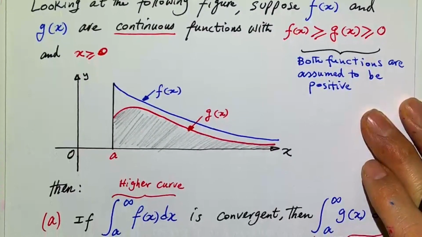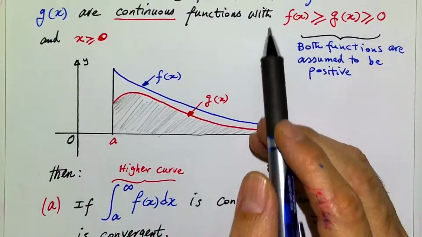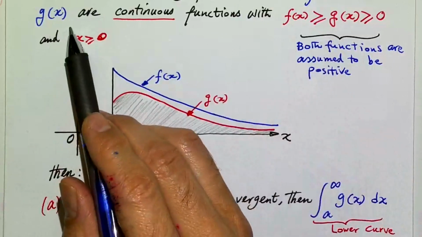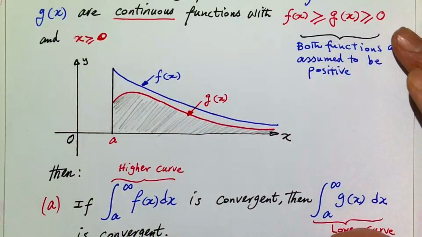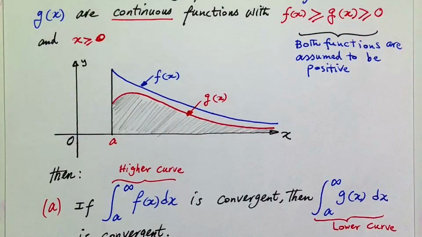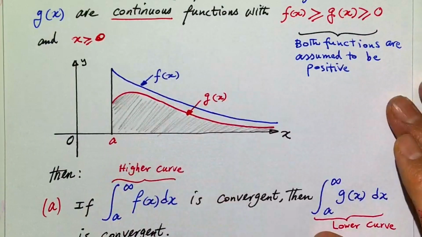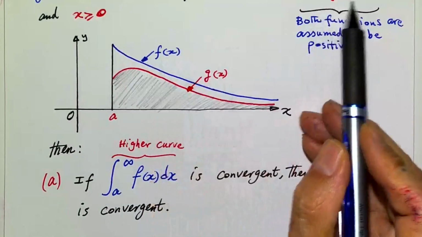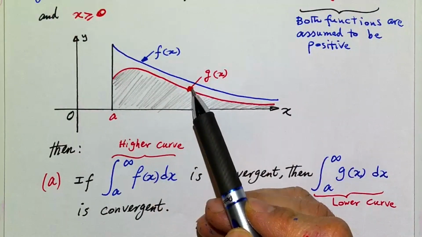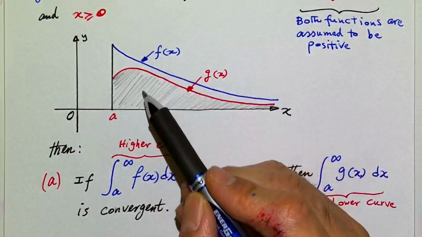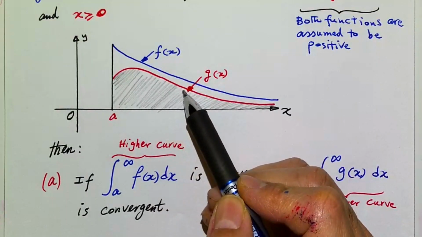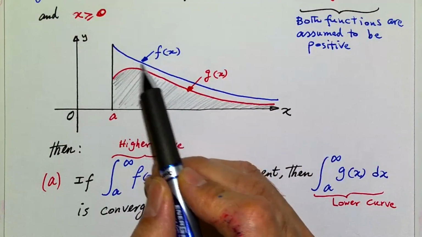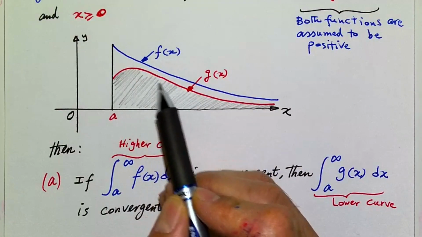But the condition is that, okay, suppose we have two functions f of x and g of x that are continuous functions. Okay, not discontinuous, but they have to be continuous functions such that f of x is greater than g of x. Now, we could be given g of x, and it's easier for us to find f of x, or we could be given f of x, and it's easier for us to find g of x.